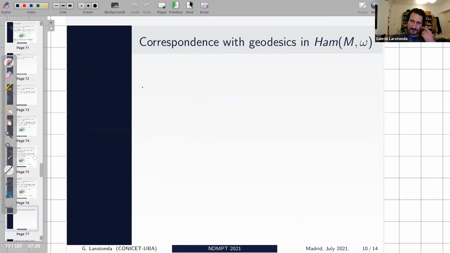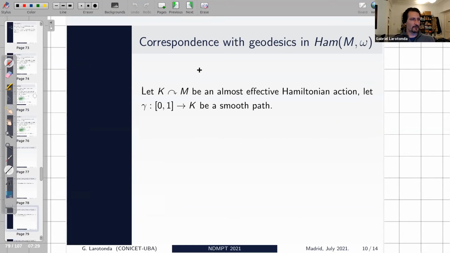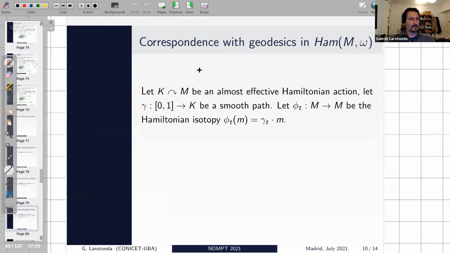Okay, first a remark. If you have an almost effective Hamiltonian action as before and take any smooth path, you can push it forward to the group of Hamiltonian diffeomorphisms by acting on M, right? This is a path in K. If you act on M, you obtain, in fact, an isotopy, a Hamiltonian diffeomorphism of M. So you have a kind of correspondence between paths in K and paths in the group of diffeomorphisms.